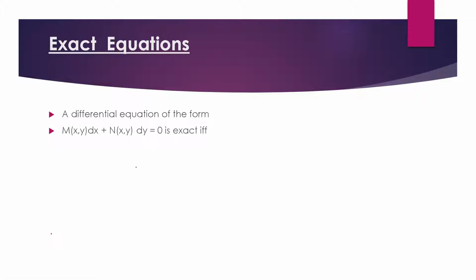Okay, so as I explained just now, if we have M dx plus N dy equal to 0, the differential equation is exact if and only if del M del y equals del N del x. For example, this equation 1 is actually from our introduction.